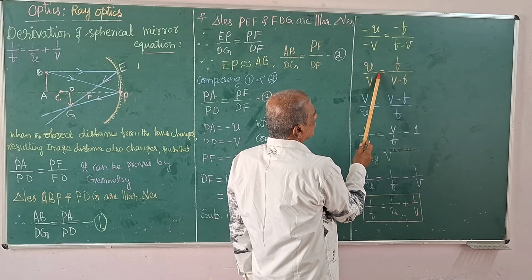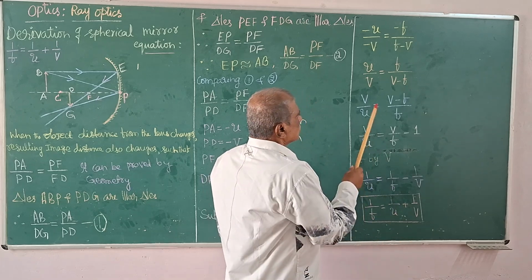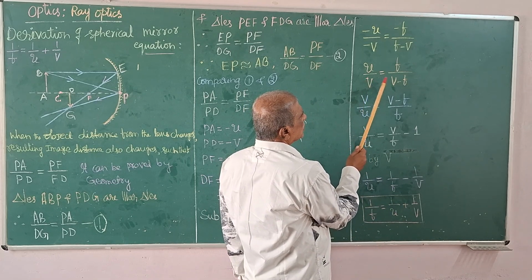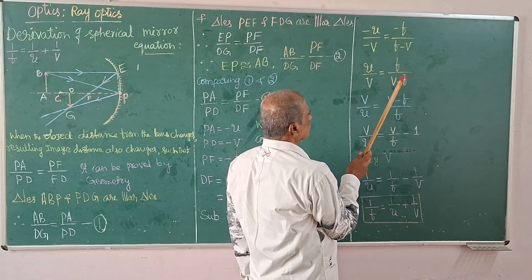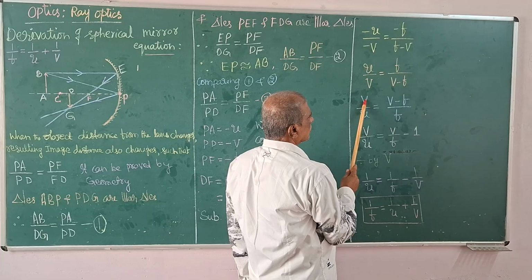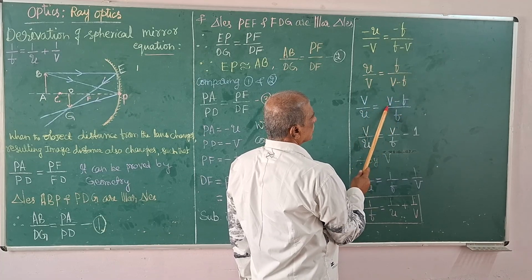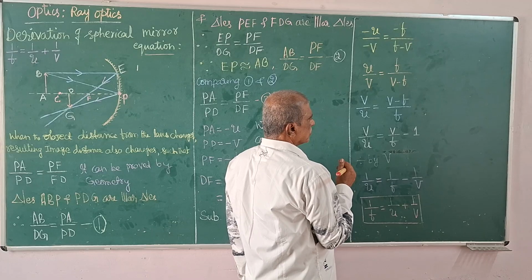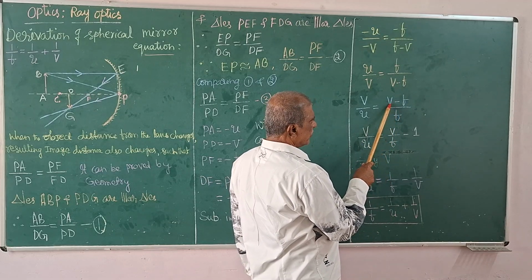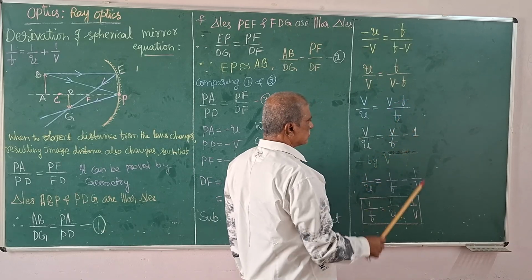This equation requires some manipulation, that is all. Interchange numerator and denominator. If you interchange the left hand side and right hand side, nothing will change. Simplify the right hand side, dividing v by f, giving v by f minus 1.